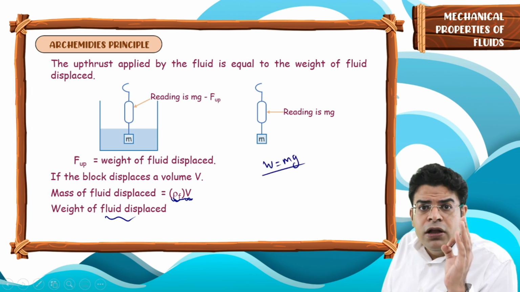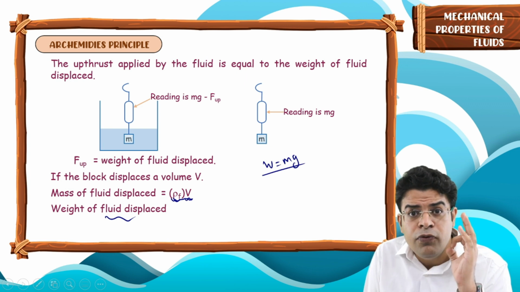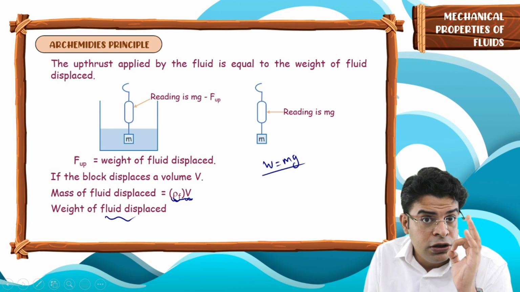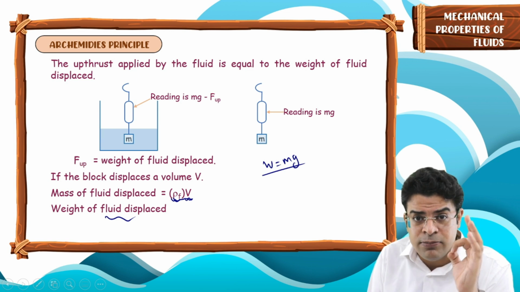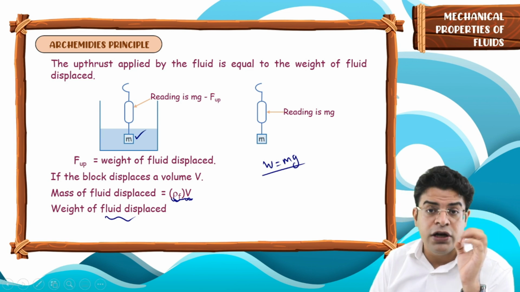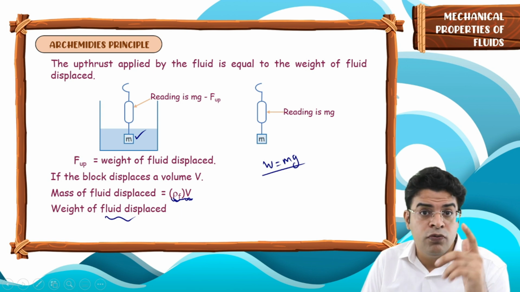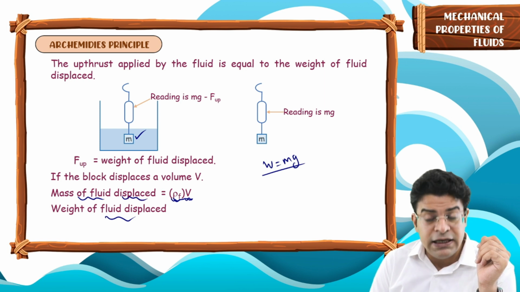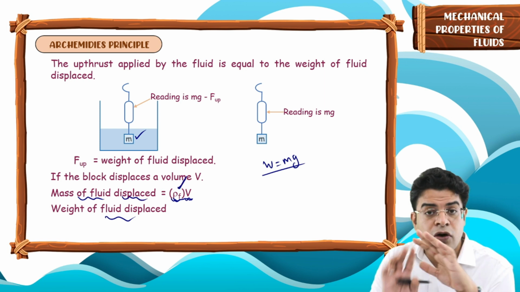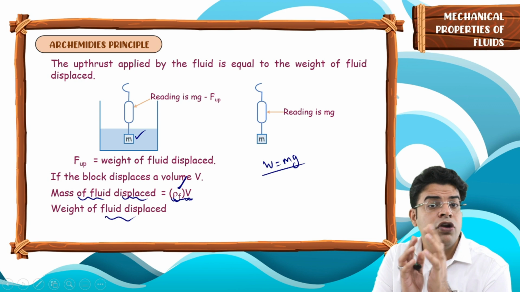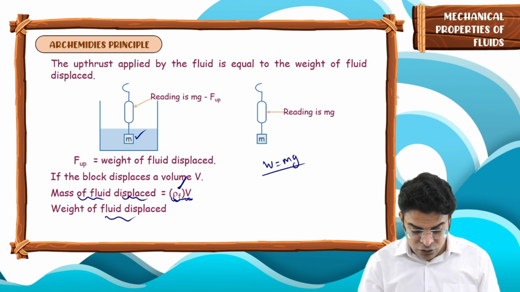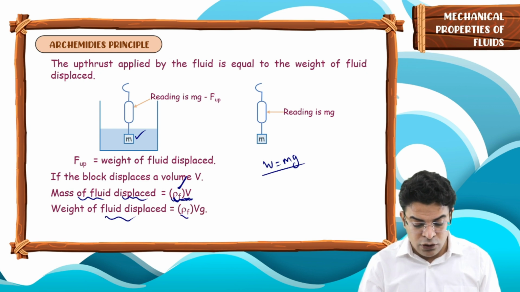Remember that if completely submerged, the block displaces fluid of volume same as its own volume. The mass of fluid displaced is the density of surrounding fluid multiplied by the volume displaced, and the weight of the fluid displaced is the mass of fluid displaced into g.